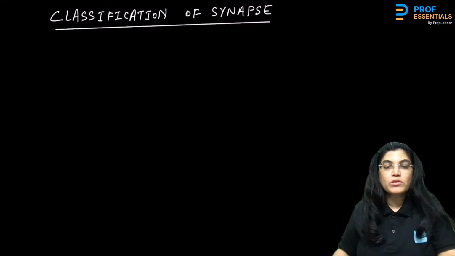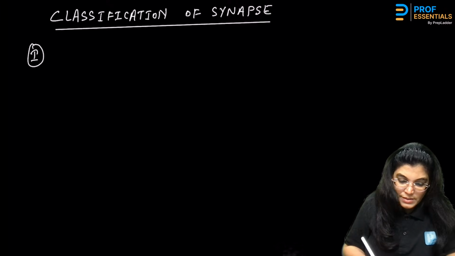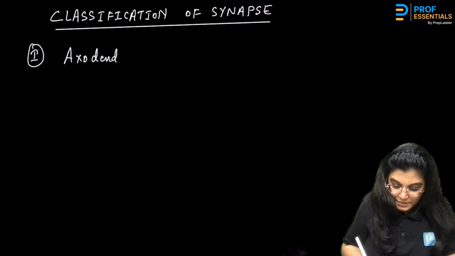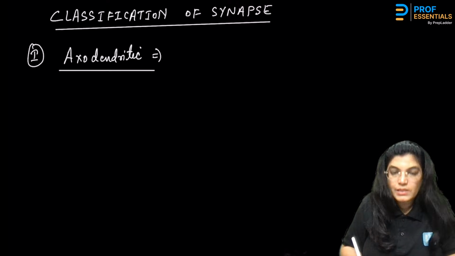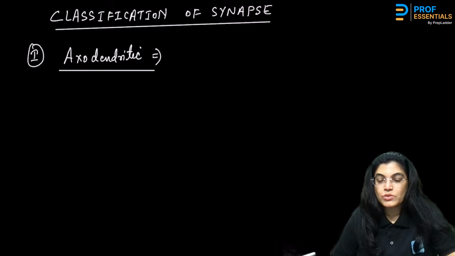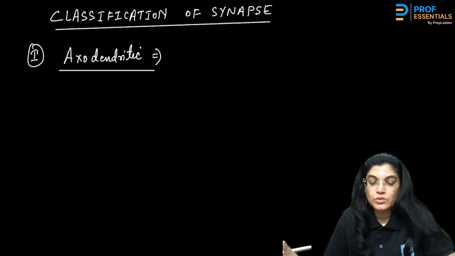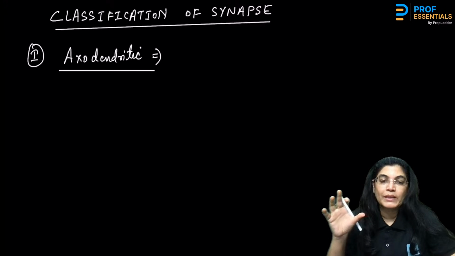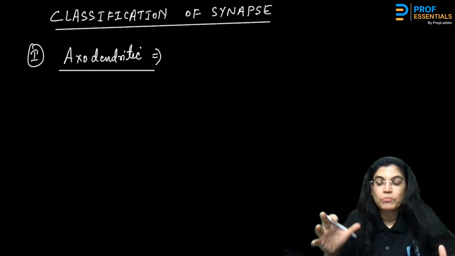The most common type of synapse, the first classification, is exodendritic. This is the exodendritic type. What happens in the exodendritic type is that the axon of the presynaptic neuron makes contact with the dendrite of the postsynaptic neuron.